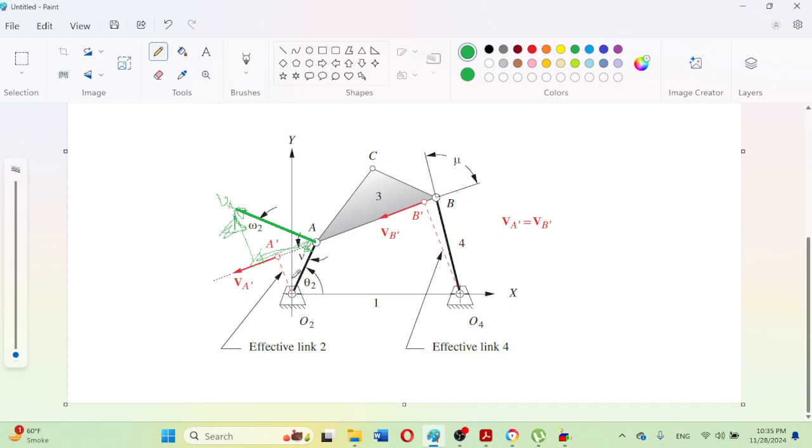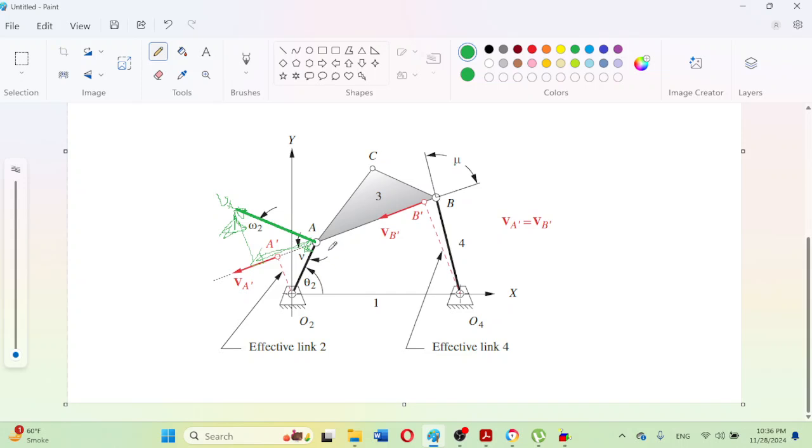So the other way of calculating this velocity VA dash is that we resolve this VA into two components, one along the coupler link and the other perpendicular to the coupler link.